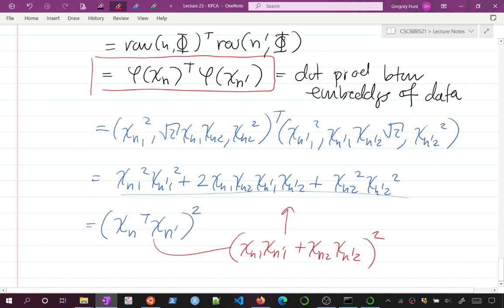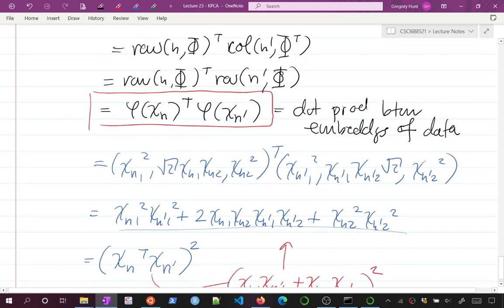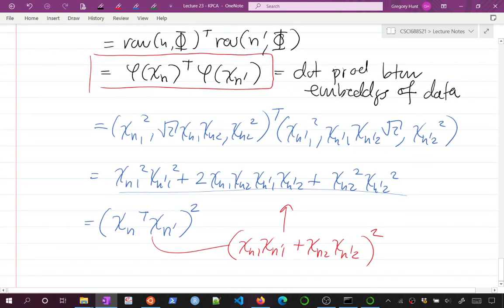So it turns out, what's my point here, is that the element of the kernel matrix, which is the dot product between the embeddings of the data, I've made phi disappear. I've made the embedding disappear, right?